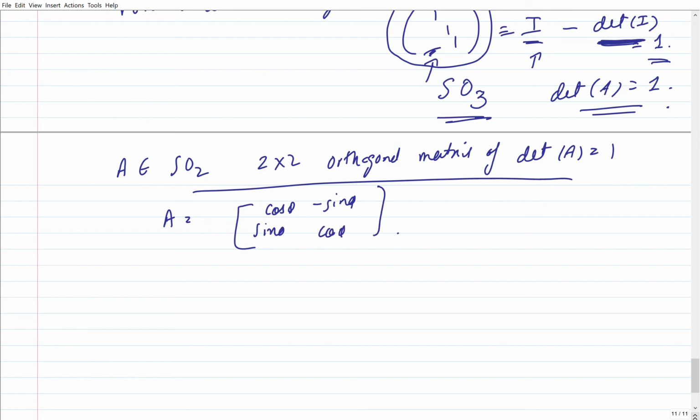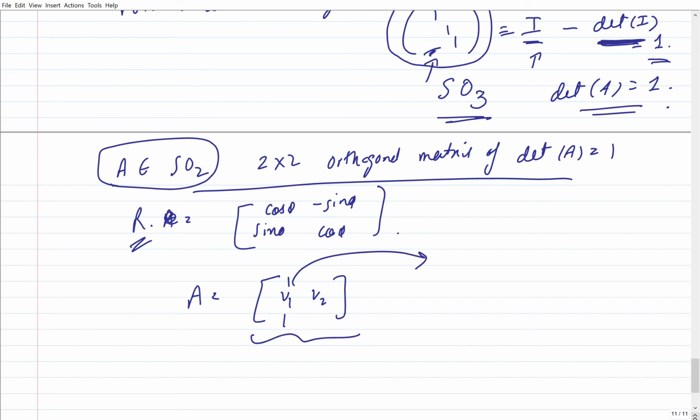So that was some sort of a vector. Essentially the idea is that A is such a matrix, and let's say A has column vectors v1, v2. I can always write this column vector v1 as AE1, or I can write it as some RE1.